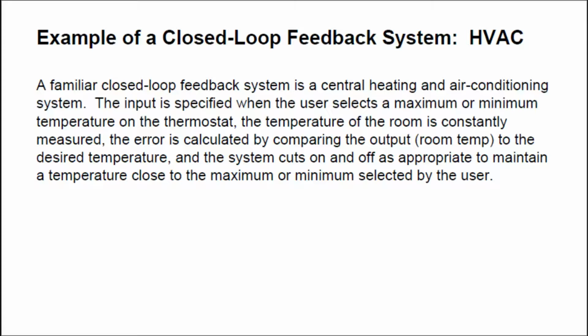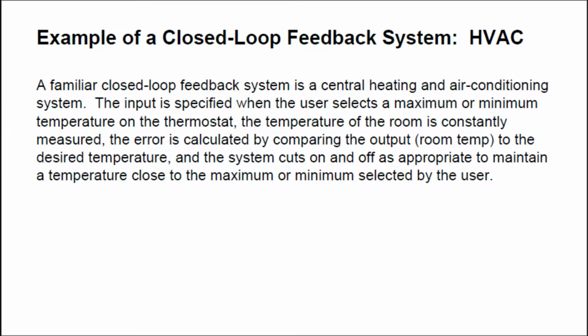In a closed loop feedback system, if we're using the air conditioning as an example, the desired input is expressed at the thermostat, and then the air conditioning unit will come on, and then the actual temperature of the room is measured, and that's your output. Then this actual temperature of the room is compared to the desired temperature of the room that is indicated when you set the thermostat.